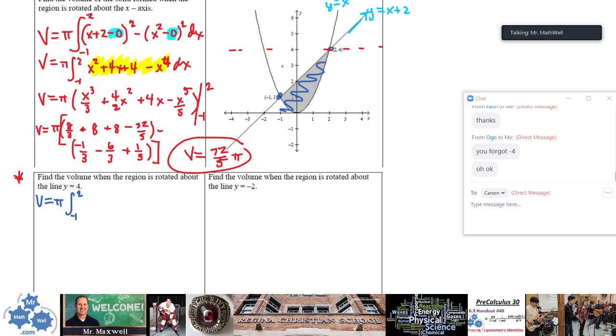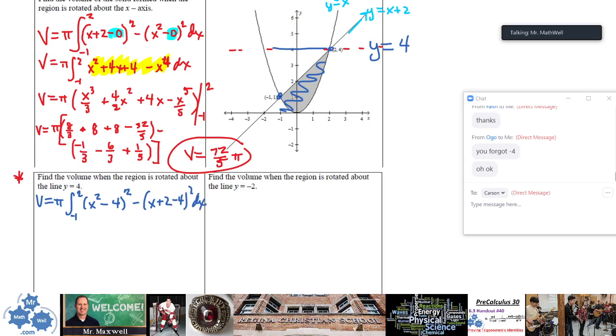The function that's furthest away is this parabola, so we want x squared minus the axis of rotation. So x squared minus 4, all squared. Minus the inner function, x plus 2 minus 4, the axis of rotation, squared, dx.